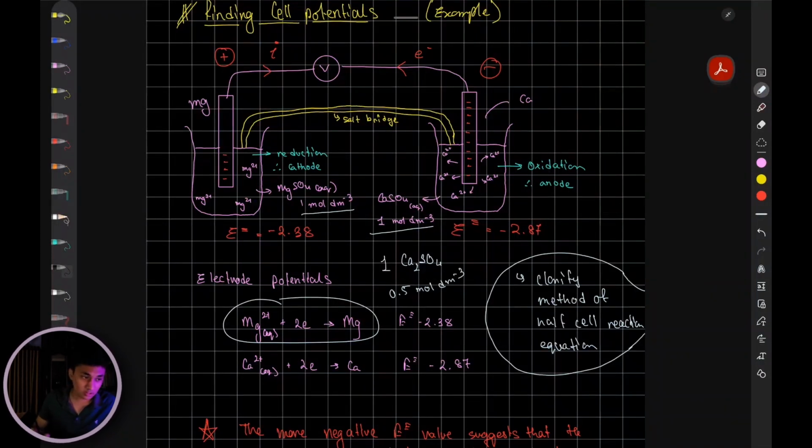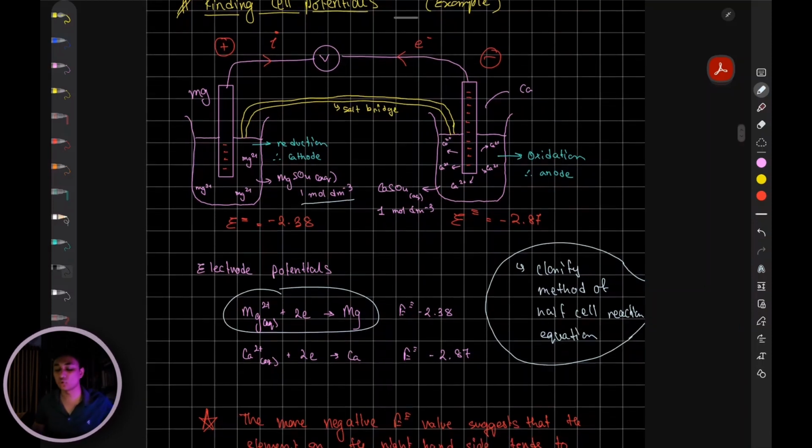Because for each mole of the compound, you get 2 moles of calcium ion. Therefore, this 1 formula unit will break down to give you 2 Ca2 plus ions, which is why when you use anything with an uneven molar ratio between the metal and non-metal, you'd have to be careful about the concentration. So in this case, you would have to write 0.5 mole per dm cube instead of 1. However, calcium sulfate has a 1:1 ratio between the metal and non-metal, which is why it is 1 mole per dm cube.